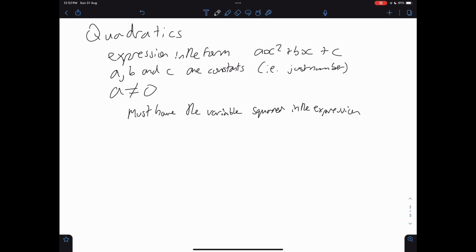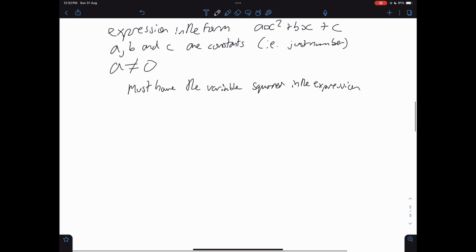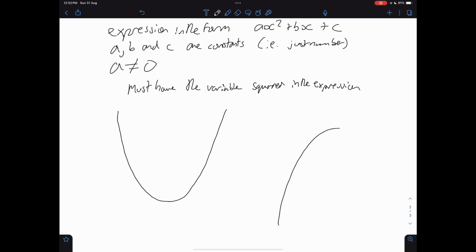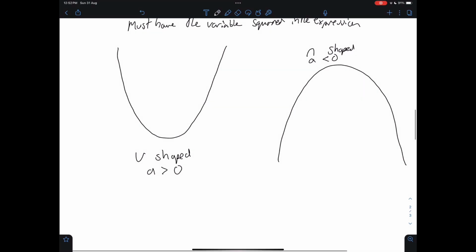So what will that look like on a graph? Well, it could look like this. It could look like this. This is U-shaped, and this is where A is positive. And this is N-shaped, where A is negative. These two shapes are parabolas, and they are symmetrical.